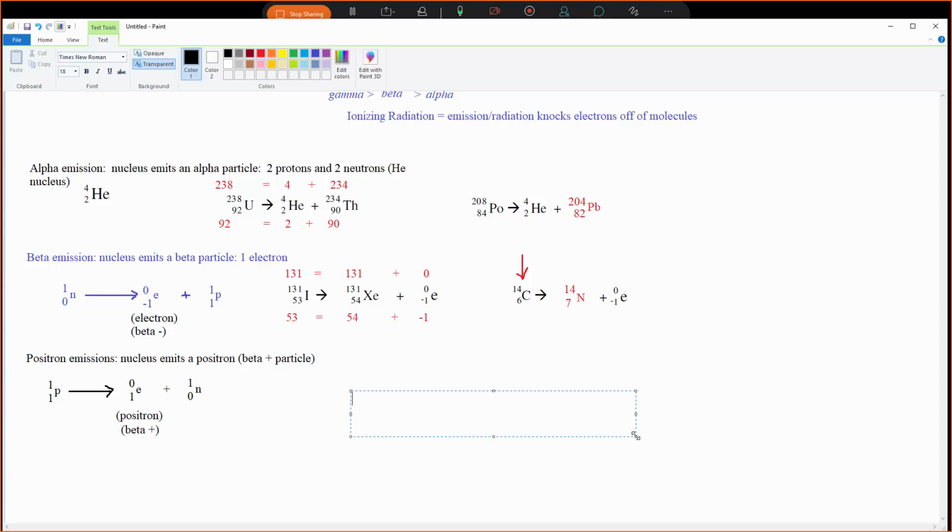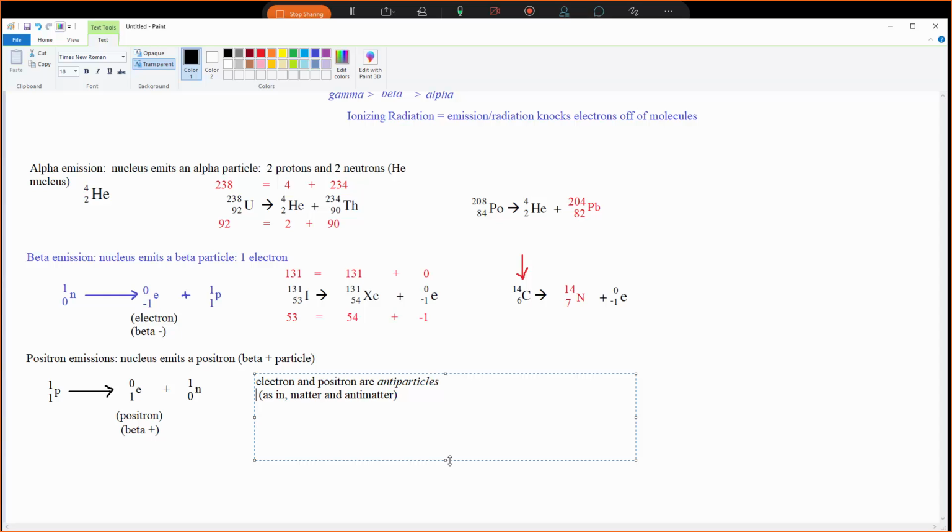And what happens when matter and antimatter collide? Okay, they cancel each other out. Yes, that's one way of describing it. The way they cancel each other out is by obliterating each other. Right?